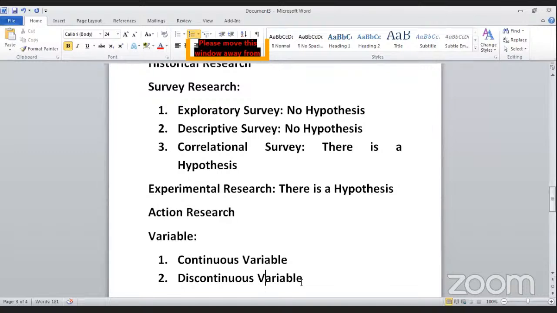There are plenty of discontinuous variables. And the continuous variables are: weight is a continuous variable, height is a continuous variable, reasoning is a continuous variable. Why? Because in these you can have the reading in whole number as well as in fraction. But in case of discontinuous, you only have whole number.